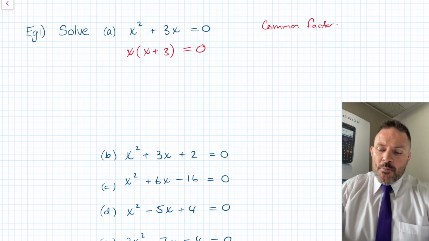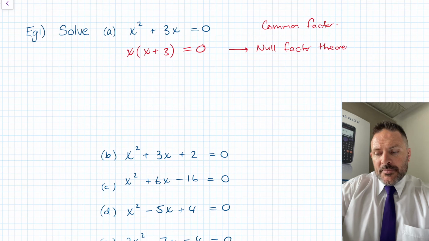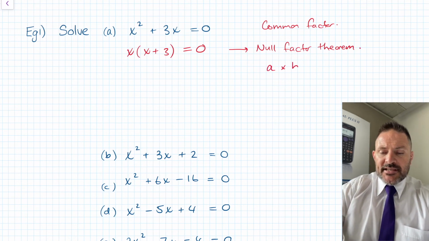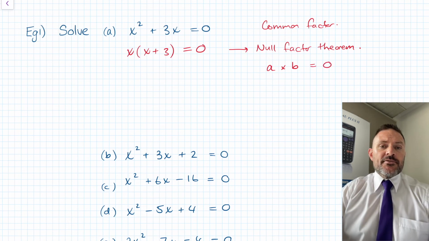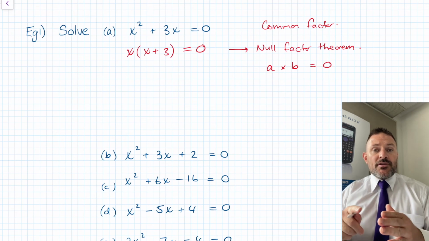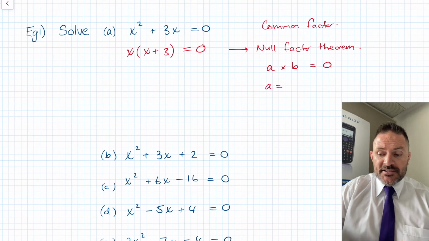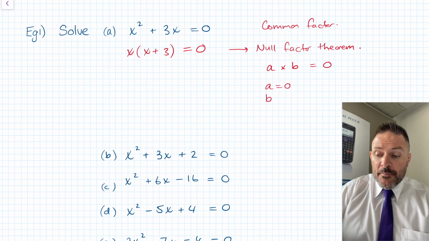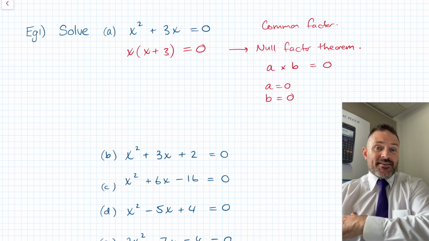Now, you may or may not remember something called the null factor theorem. Okay, now what that theorem looks at, if I have 2 numbers, let's say a and b, when I times them together and the product equals 0, one of 2 things has to happen. Either the a must equal 0, because 0 times anything equals 0, or the b must equal 0, because anything times 0 makes 0.